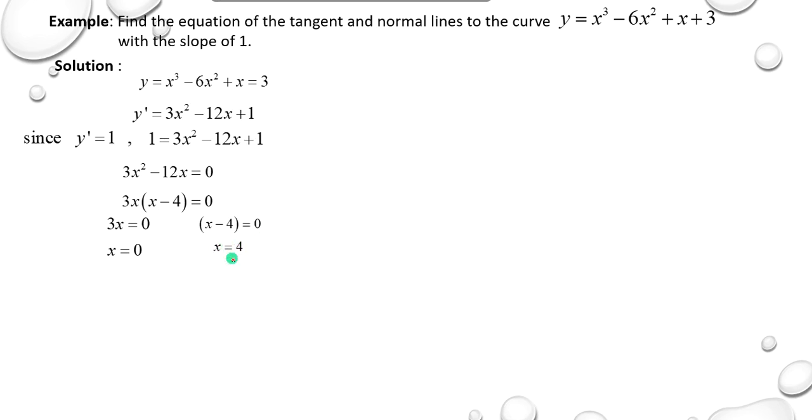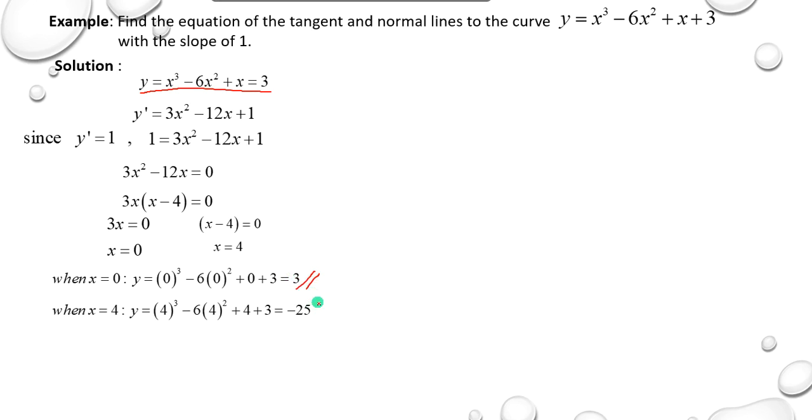In this case, we also find the values for y. When x equals 0, we plug the value of x into the original equation: 0 raised to 3 minus 6 times 0 raised to 2 plus 0 plus 3. So we get y is 3.